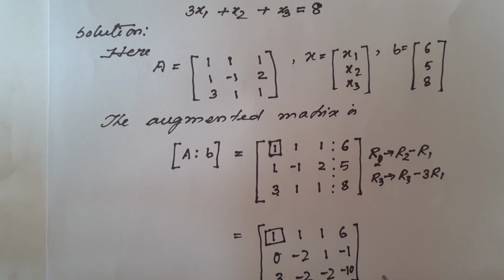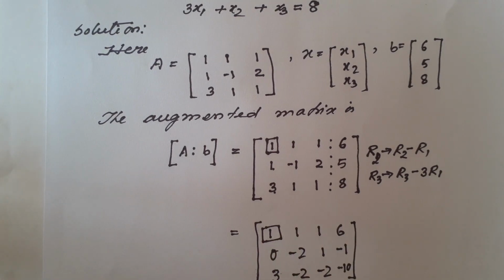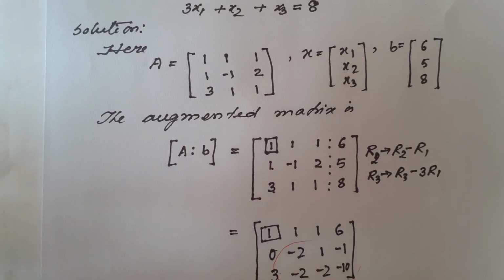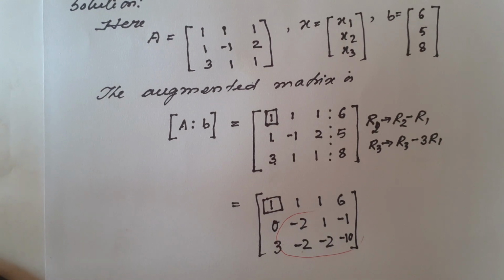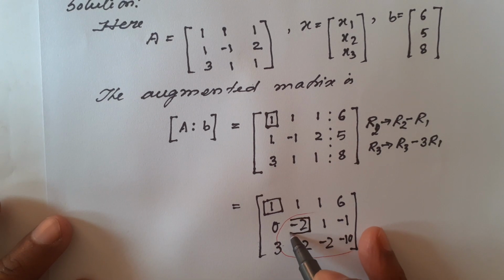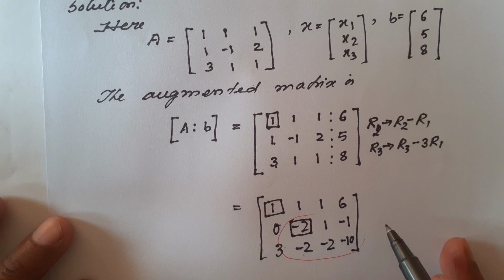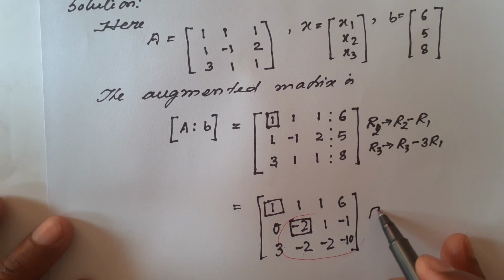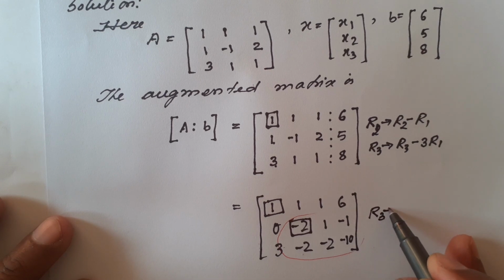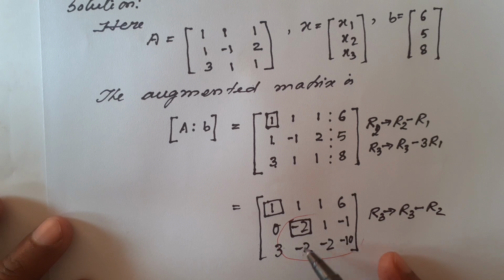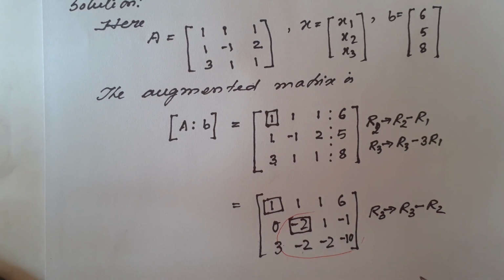Now, as we have discussed, we are going to concentrate on this portion of the matrix and decide which is our next pivot. In this portion, this is going to be my next pivot. So if this is the pivot, I have to reduce this entry to 0. I will apply the operation R3 goes to R3 minus R2, because minus 2 minus minus 2 makes it 0.